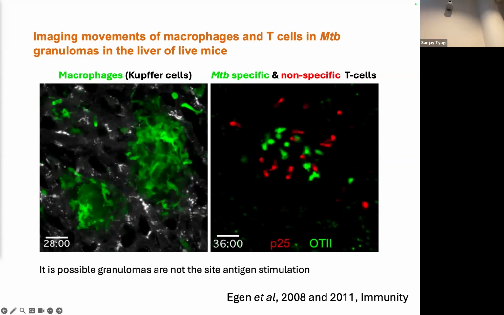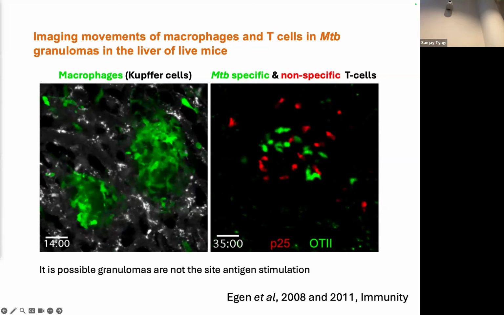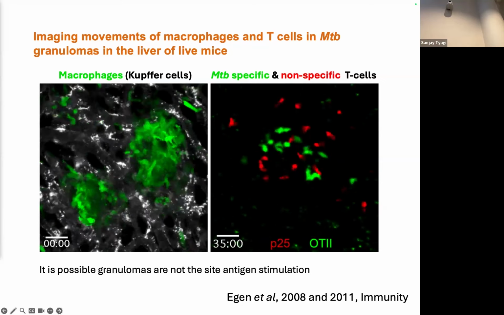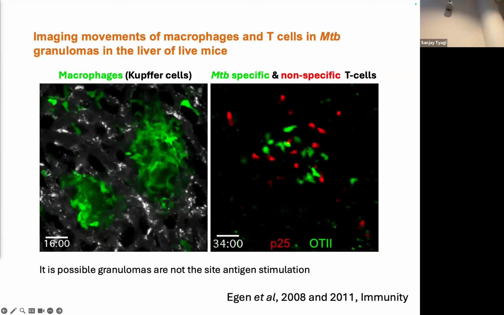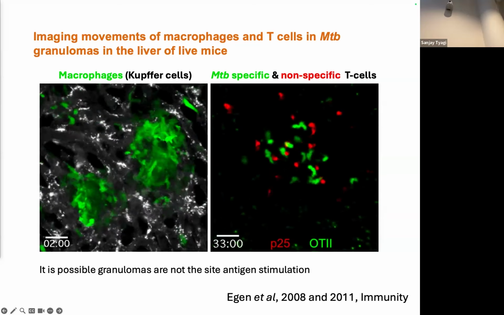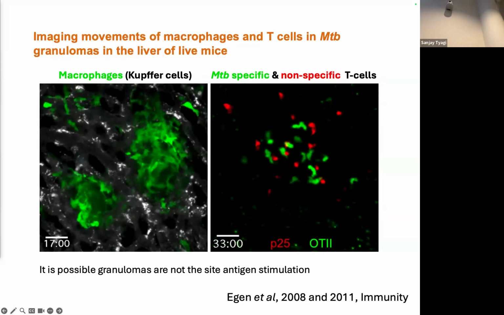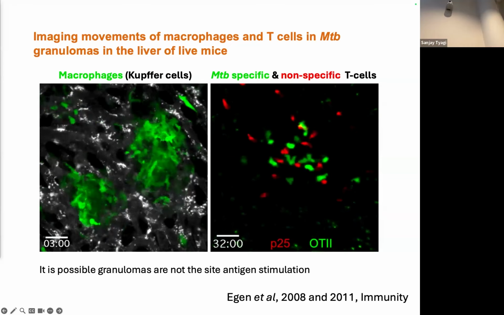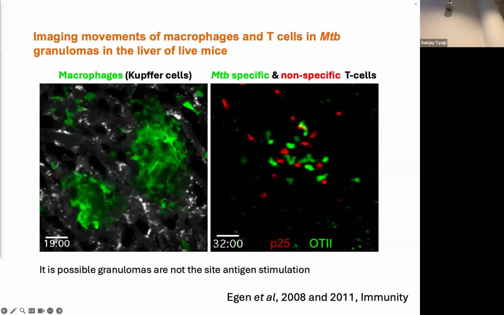The way they do this is that they put essentially a camera right next to the liver, and they study granuloma formation in the liver rather than in the lung. The liver is a special organ, so whenever you get infection in your blood, it immediately reaches the liver, because liver capillaries are very, very porous. The cells are able to permeate them and enter, and the granulomas get formed.